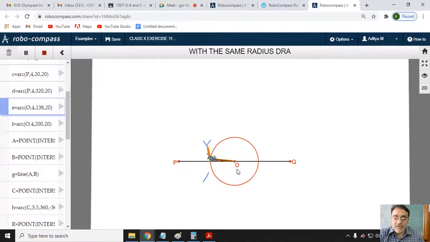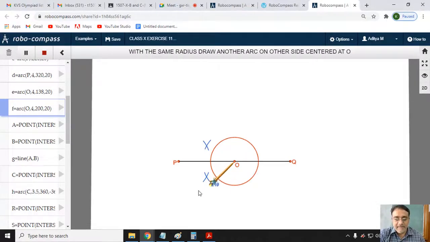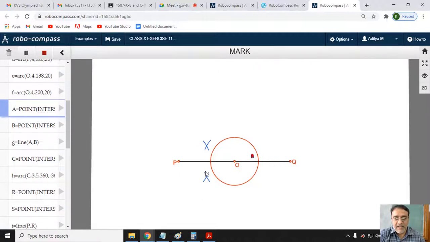And with center O and the same radius we are going to draw arcs on both sides. Both will intersect at points A and B.